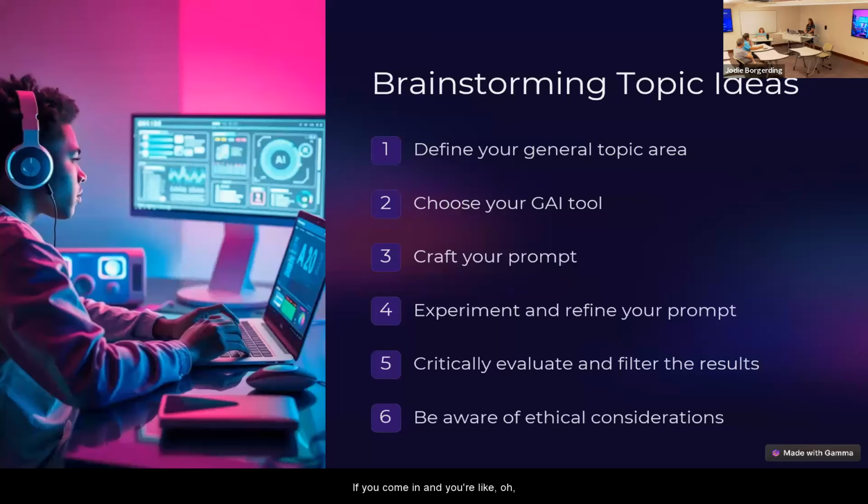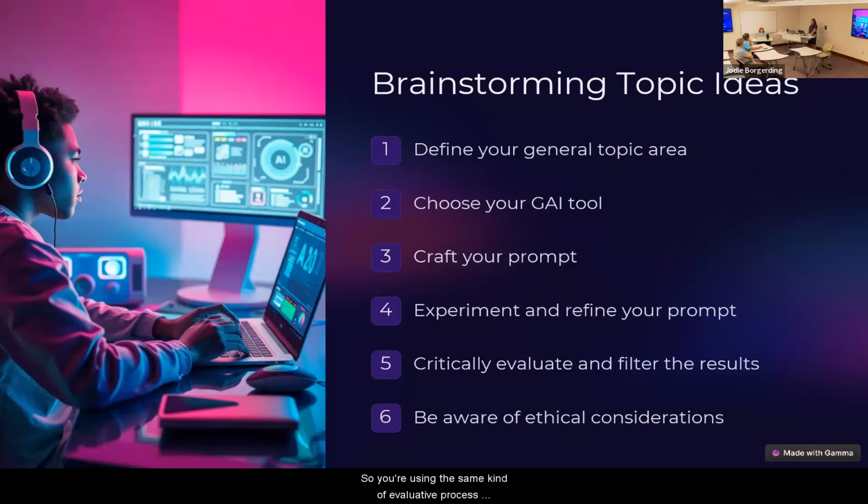If you come in and you're like, oh, I would need to use the databases, you're developing your prompt. So I'm developing my keywords, my synonyms, which is just the shorter version of a full prompt that you might use for generative AI. You also, in searching in the databases, experiment and refine your search results as well. And then you also critically evaluate.